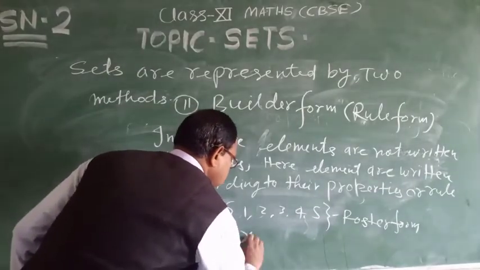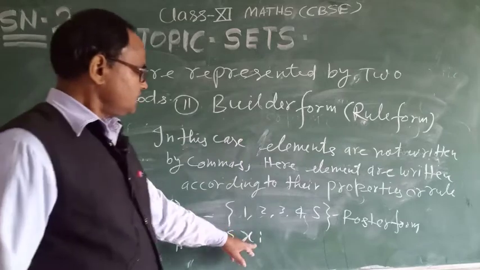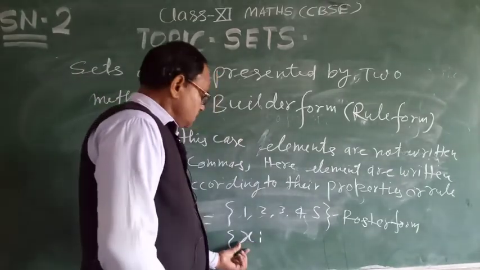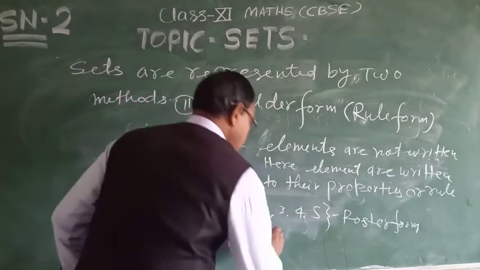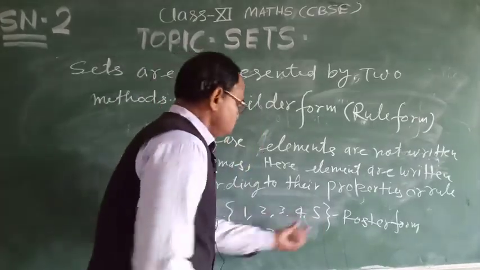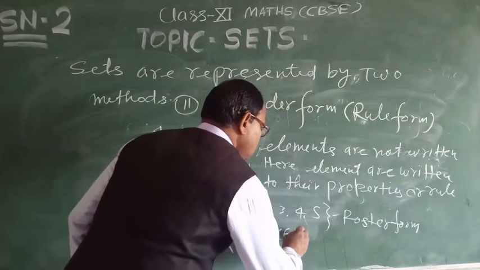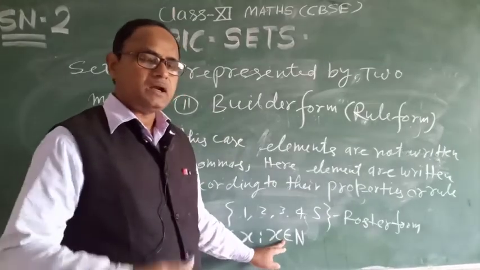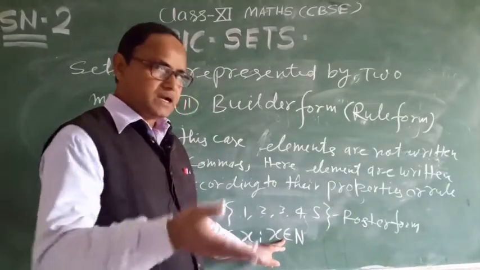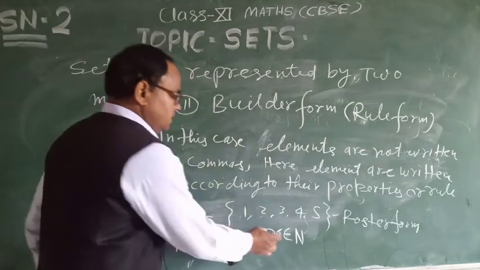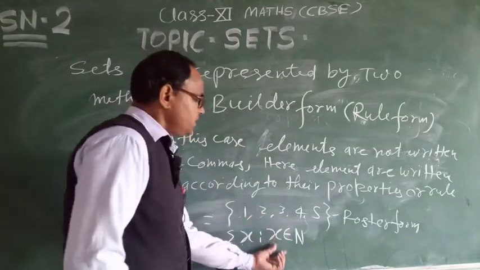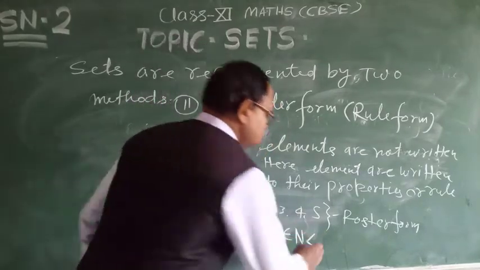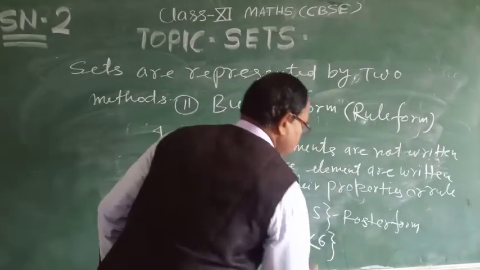Write x such that, this symbol means such that, x belonging to N. This belonging symbol means present in natural numbers. X is all elements present in natural numbers and less than 6.